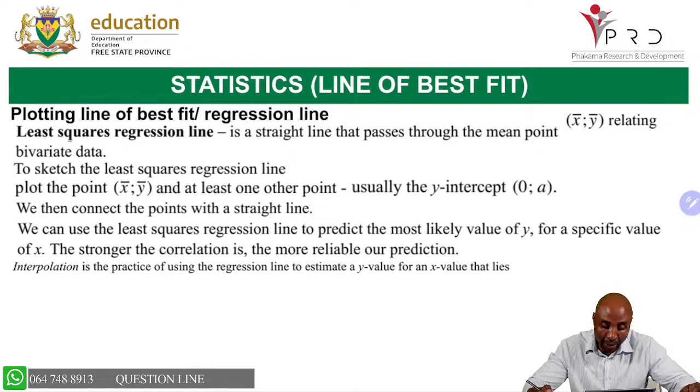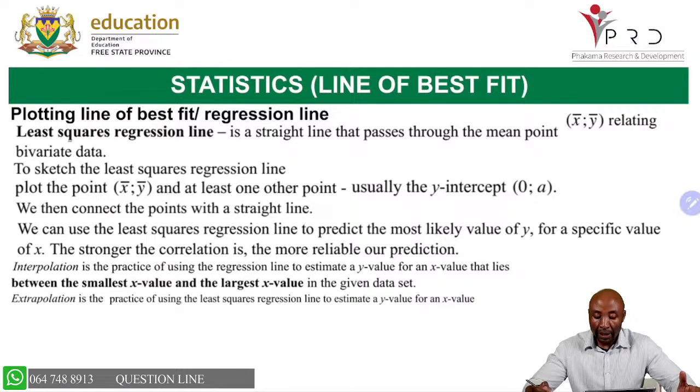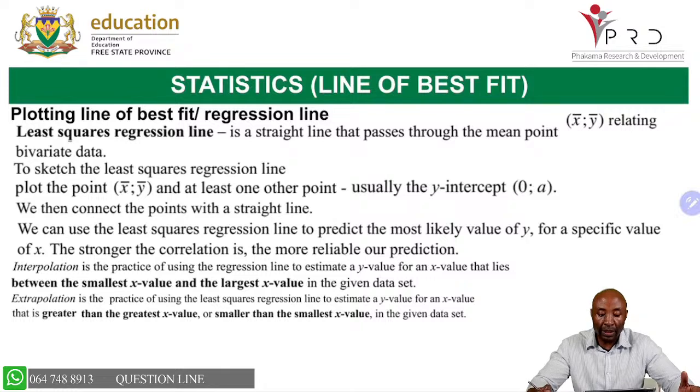So that is interpolation, where we use our regression line to estimate the y and the x values that lie between the smallest x value and the largest x value in the given data set. Now, extrapolation is the practice of using the least squares regression line to estimate y values for an x value that is greater than the greatest x value or smaller than the smallest x value in the given set.